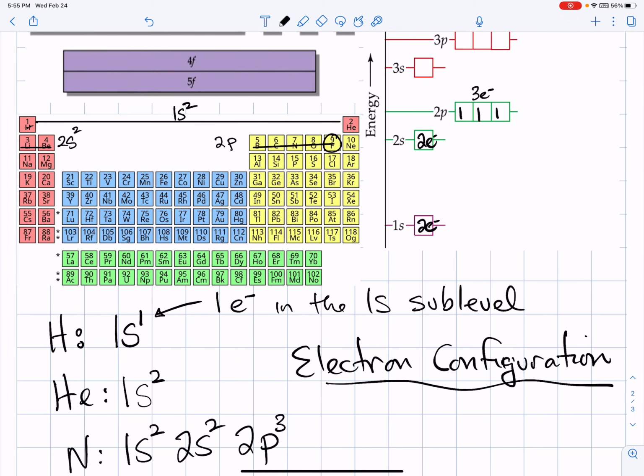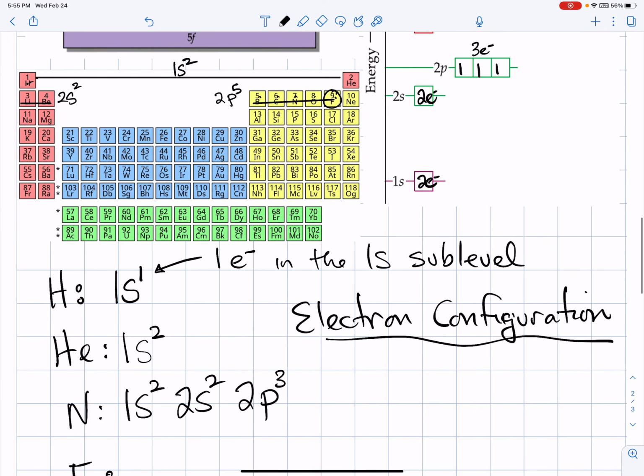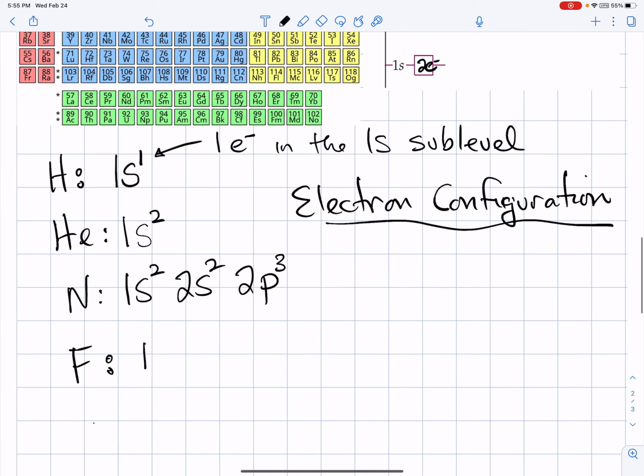So to get to fluorine, we walk through 1, 2, 3, 4, 5 elements to get to fluorine, so 2p5. So there's my electron configuration, 1s2, 2s2, and 2p5. Fluorine has 2 electrons in the 1s sublevel, 2 electrons in the 2s sublevel, and 5 electrons in the 2p sublevel.